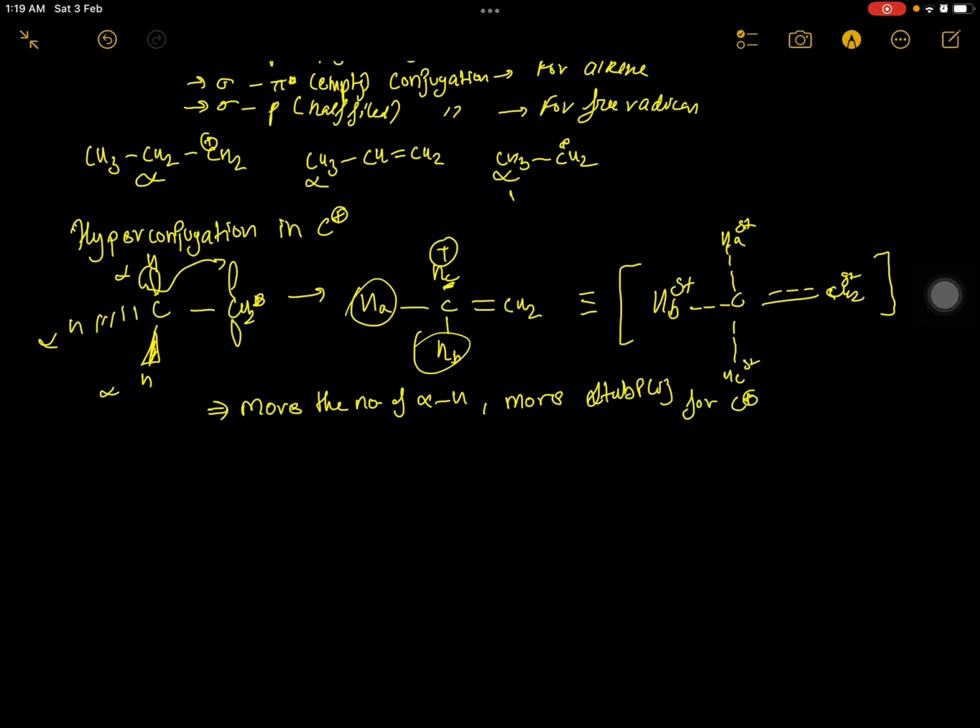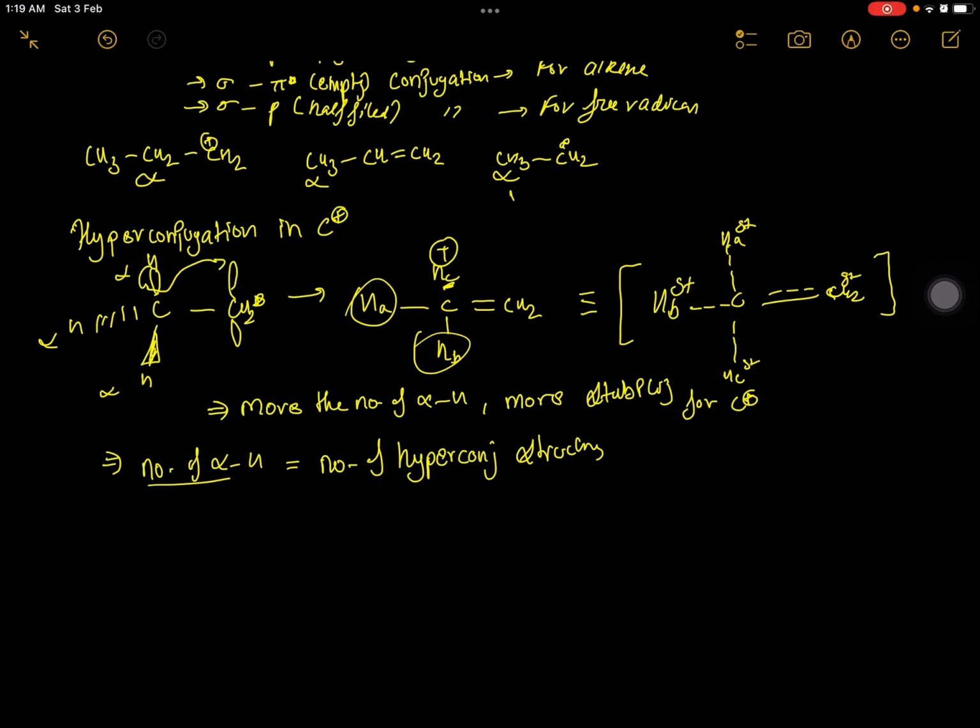Also, one important point is that the number of alpha hydrogens is equal to the number of hyperconjugation structures. They might ask how many hyperconjugations, so you just check the number of alpha hydrogens.